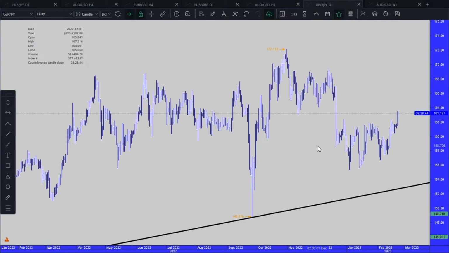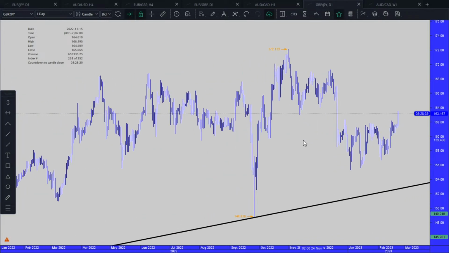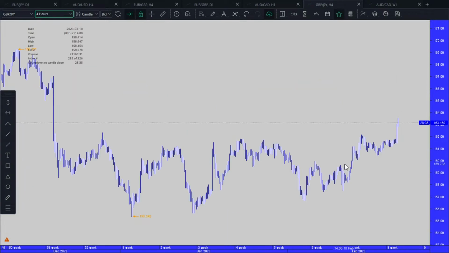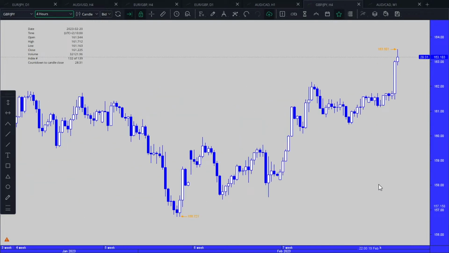Okay, everybody, what about GBP JPY? How are you going to take advantage on the GBP JPY 4-hour chart? If you have a trade that you are in and you don't understand why you are winning or why you are losing, type in the chat.